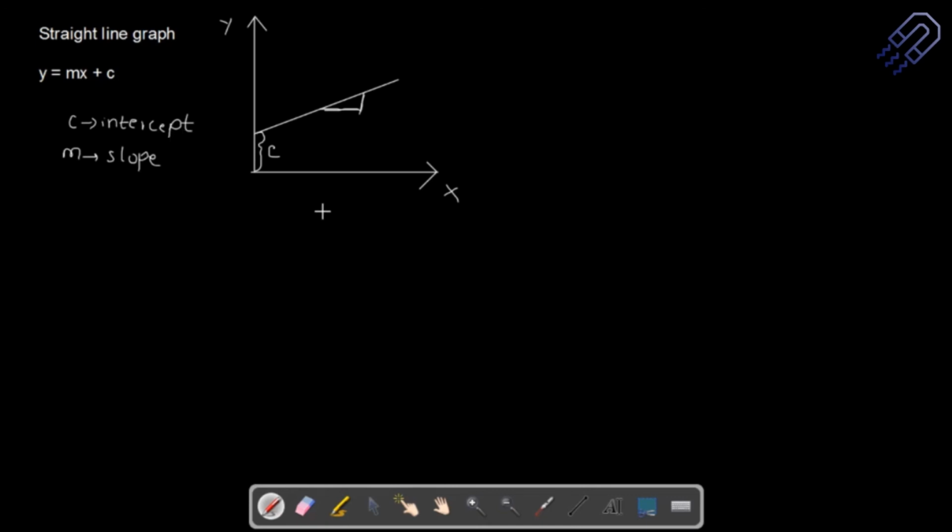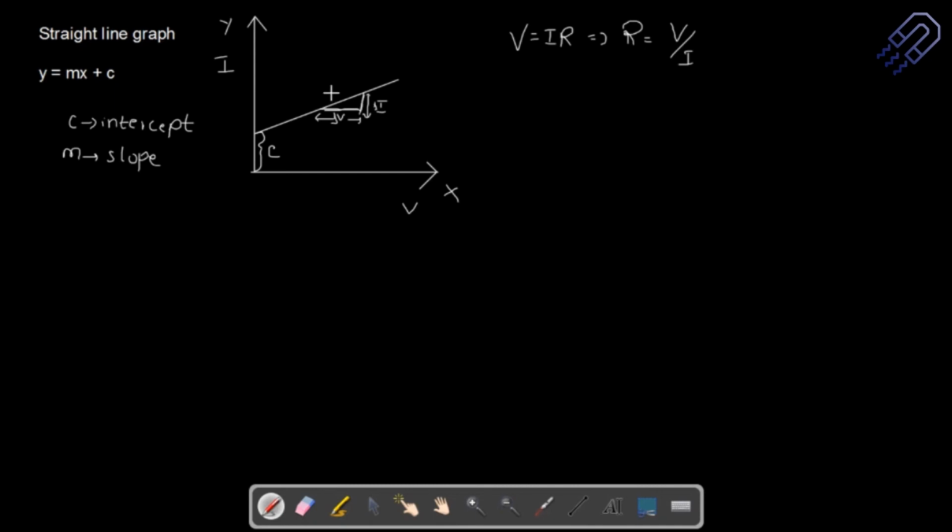In general, let's say I'm plotting a graph between voltage and current, and we already know that the formula is V is equal to IR. We can easily plot the graph and find the value of resistance, V by I. You can take this value, which gives you I, and this value, which gives you V. Or we can write delta I by delta V, depending on the notation you are using, and that will give you the resistance.